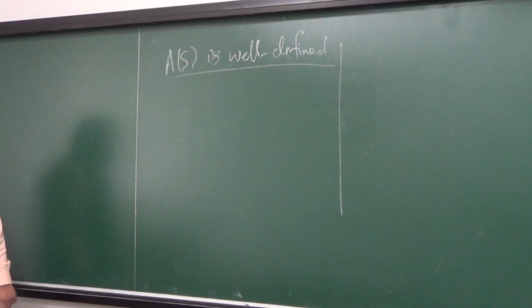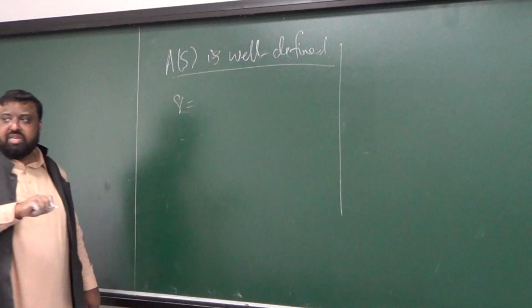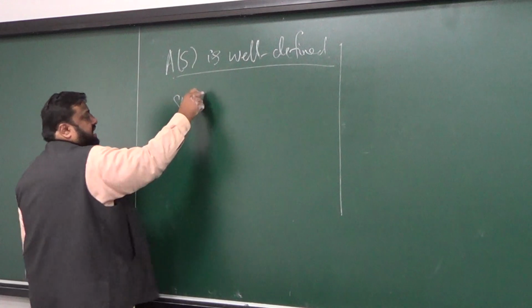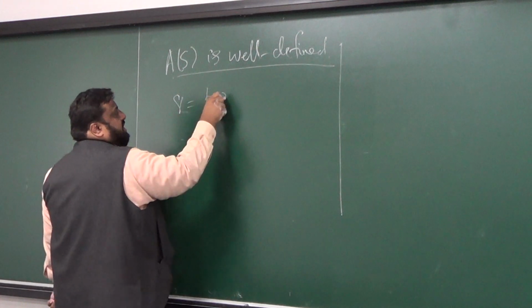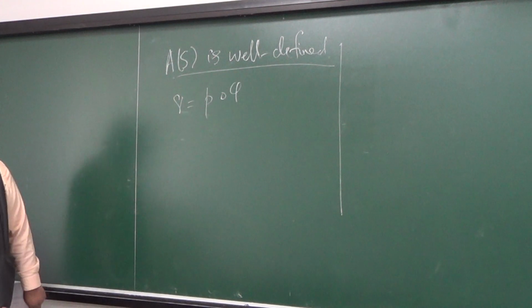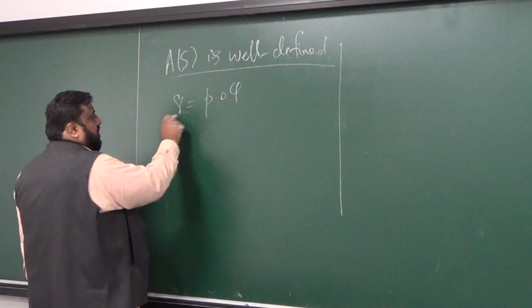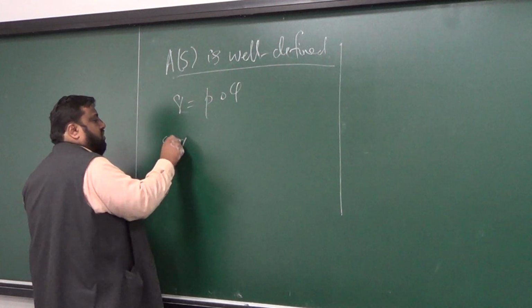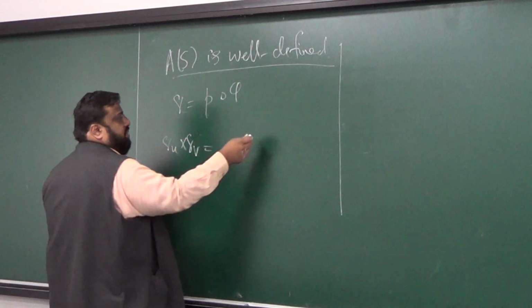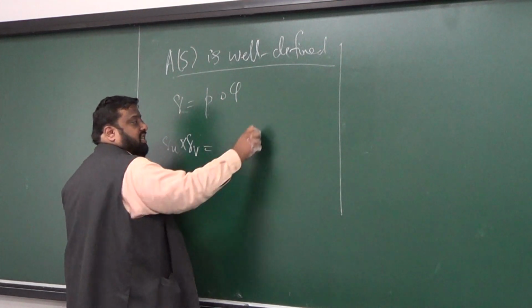So what you need to do is take another reparametrization of the parametrization P, composed with the diffeomorphism. Then how are Qu cross Qv and Pu cross Pv related? Remember the area of such rectangles.